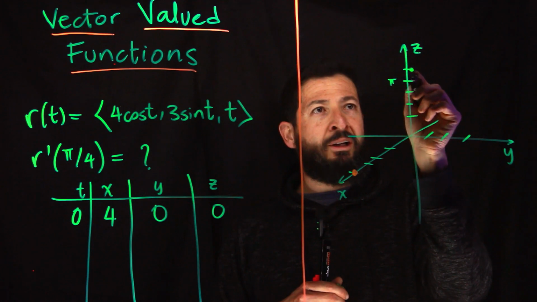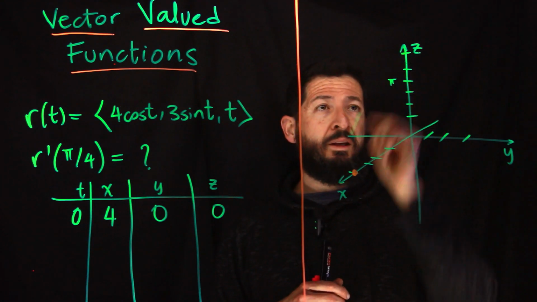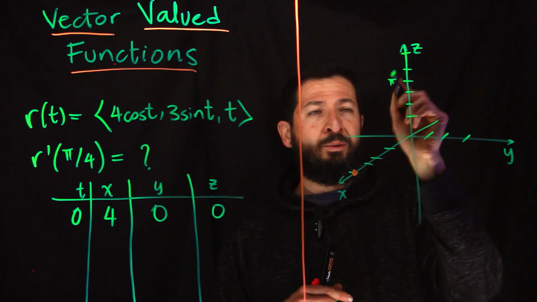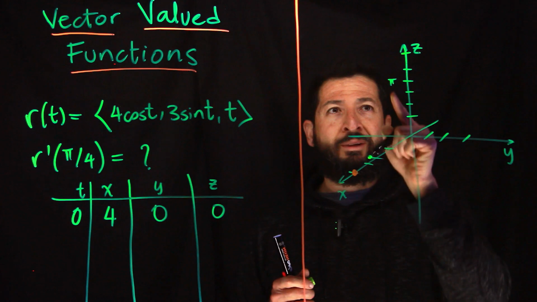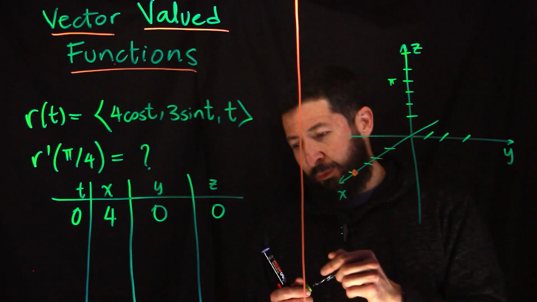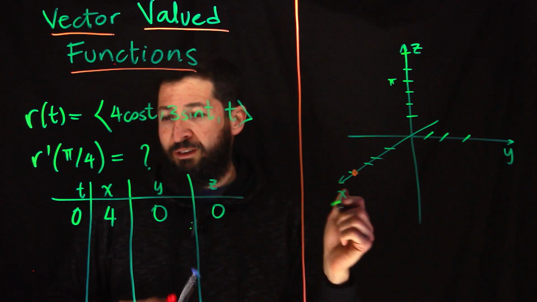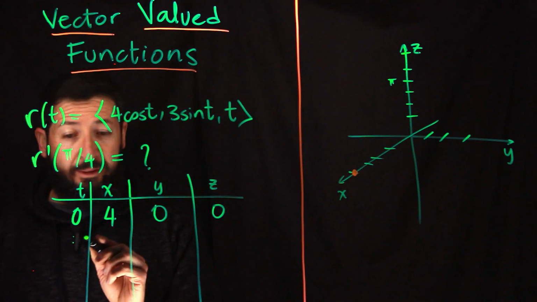And then I guess I'm not going to go all the way to 2 pi, but that'll give us enough of an idea. So 5 pi over 4 and then 6 pi over 4, which is 3 pi over 2. Anyway, let's go ahead and do multiples of pi over 4 here, which is what I drew there.